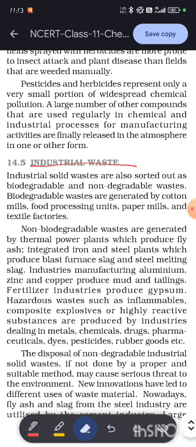Non-biodegradable wastes are generated by thermal power plants, which produce fly ash, and integrated iron and steel plants, which produce blast furnace slag and steel melting slag. Industries manufacturing aluminum, zinc, and copper produce mud and linings. Fertilizer industries produce gypsum.